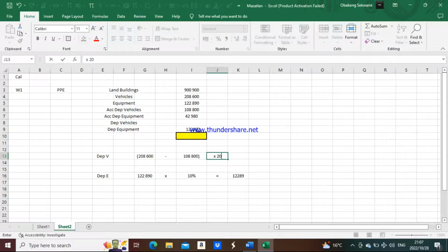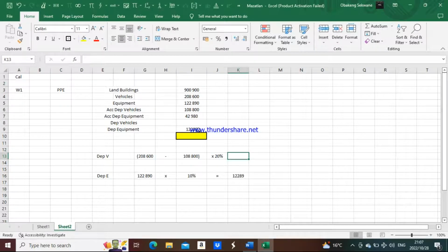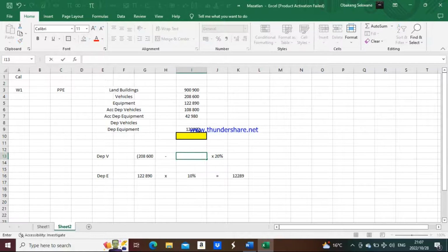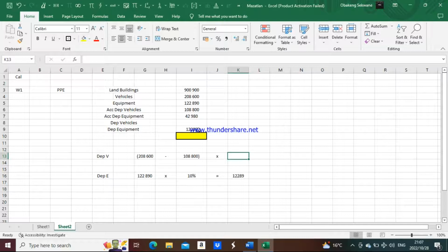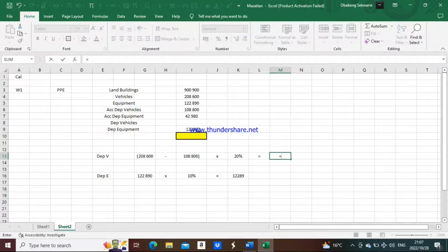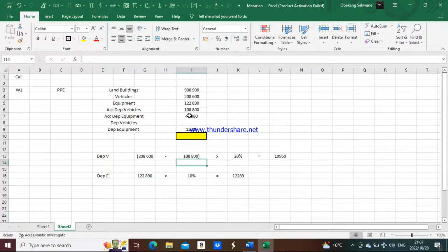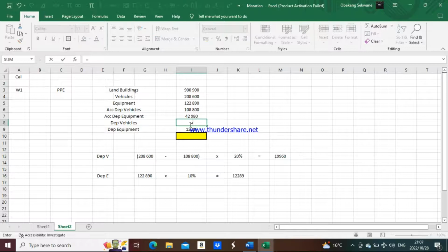Then we're going to multiply it by our percentage of 20%. This should give us 19,960.